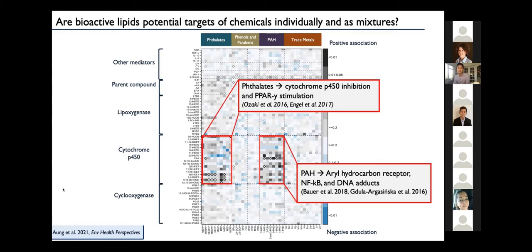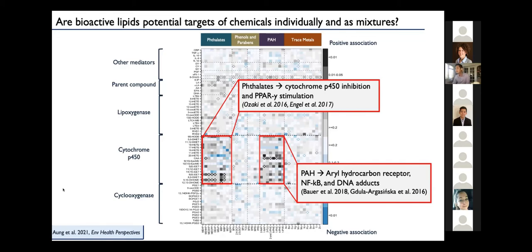For example, in vitro studies have reported evidence that exposure to parent phthalates and their metabolites can inhibit the functions of cytochrome P450 enzymes, as well as the PPAR gamma enzyme. And inhibition of these enzymes may potentially result in increased substrate and metabolite concentrations, reflecting some of these associations that we observed.